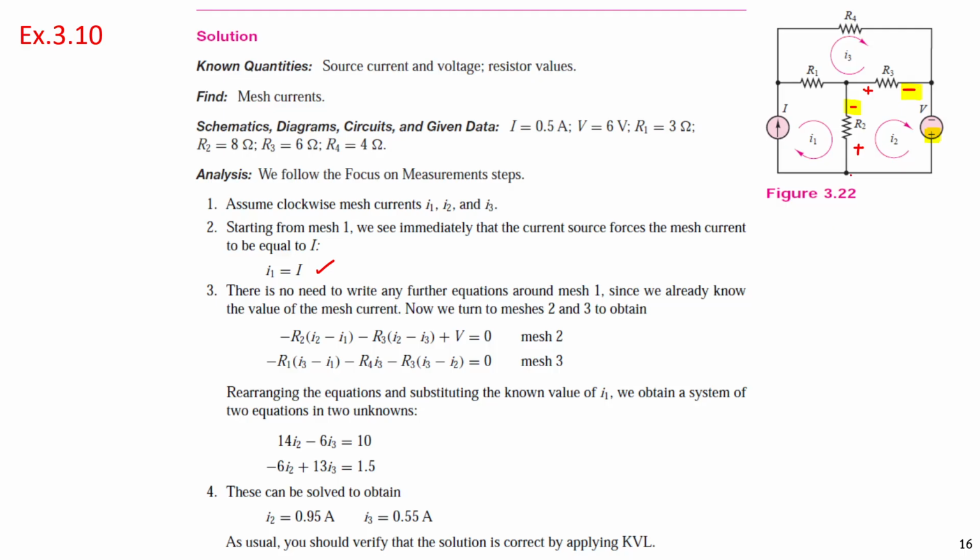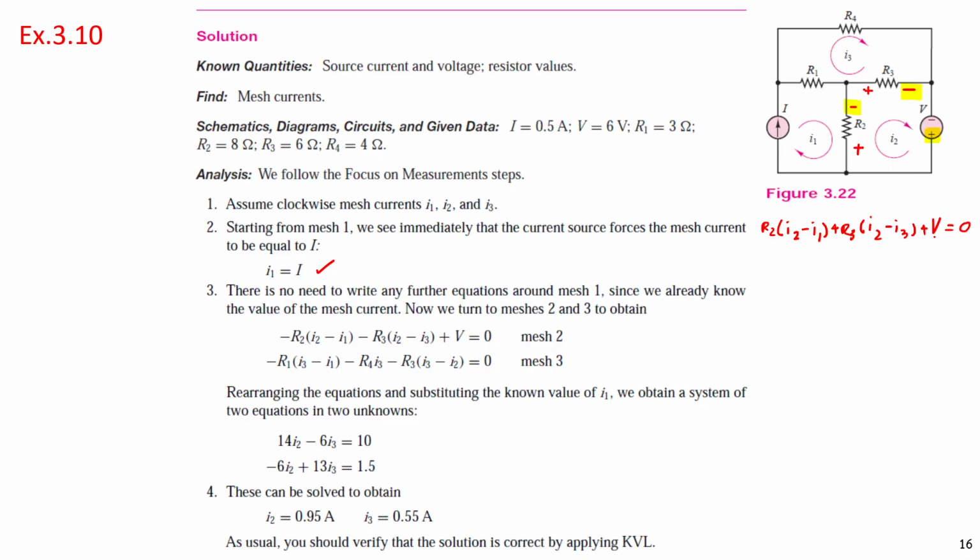Then we get R2 into (I2 minus I1) plus R3 into (I2 minus I3) plus V is 0.